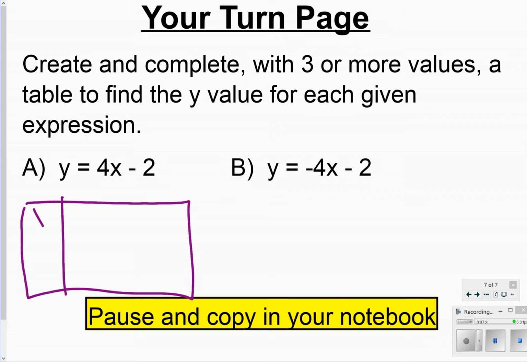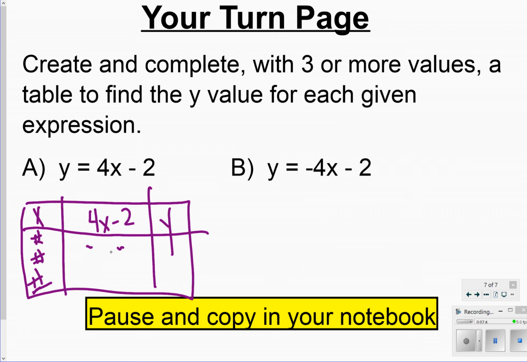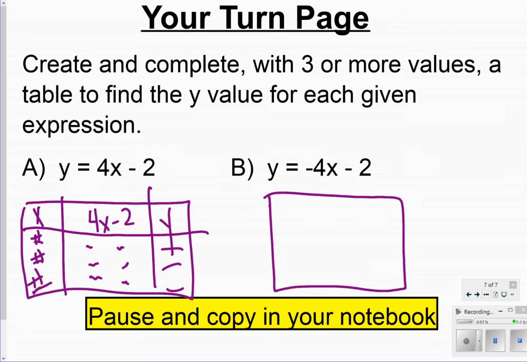You're going to have your x values, and you're going to have a number, and a number, and you need 3 or you can have more. And then you're going to do 4x minus 2, and you want to figure out what your y value will be. Okay, so you're going to do all this, show all your work to figure out this, this, and this value, and you'll do the same thing over here for part B as well.